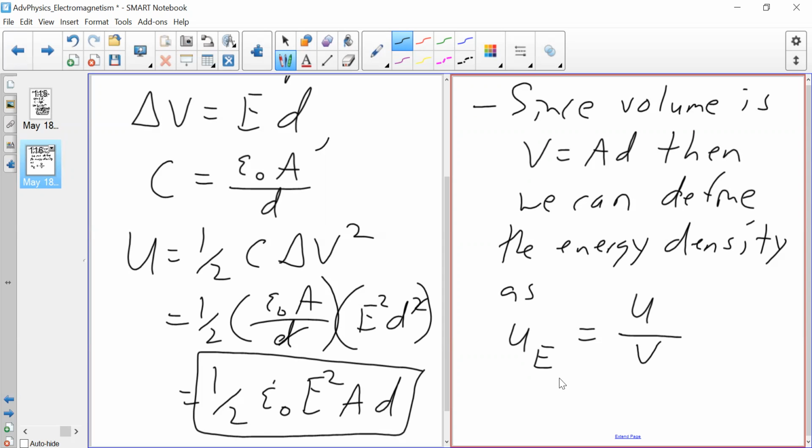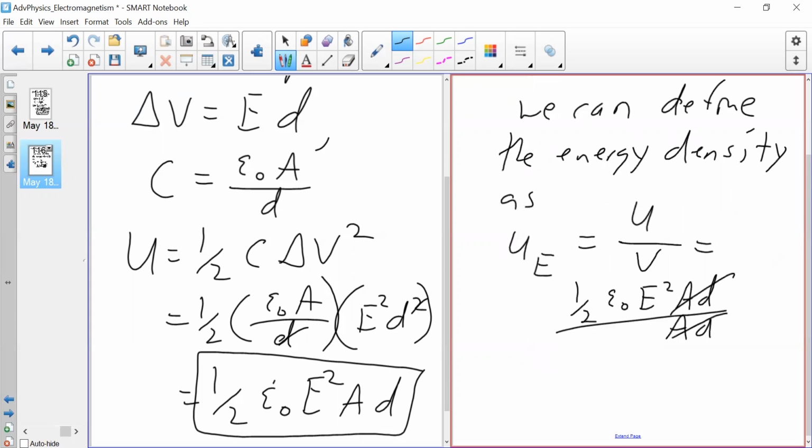Then we can just substitute, right? So we have 1/2 epsilon naught E squared A times D over A times D. And then our energy density is 1/2 epsilon naught E squared. That's our equation for energy density.